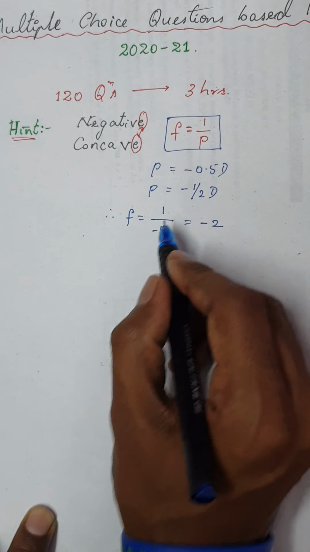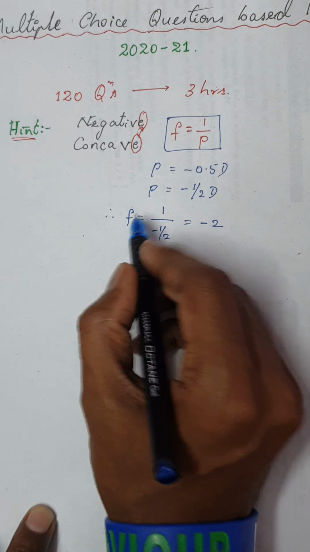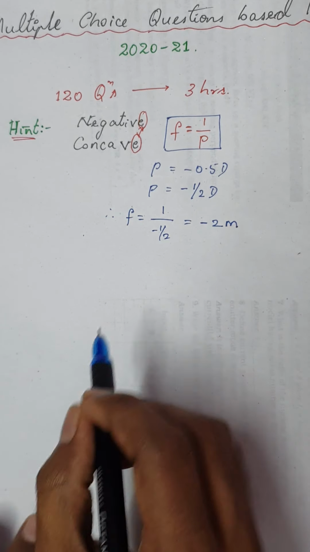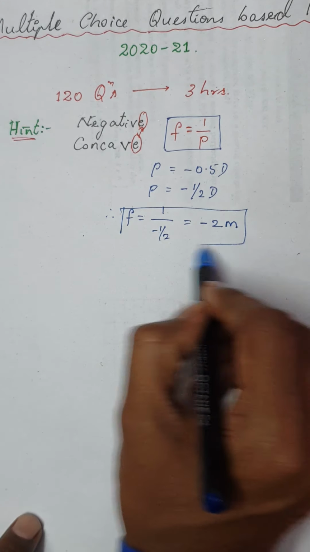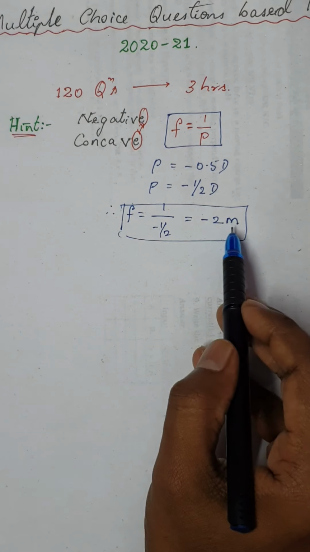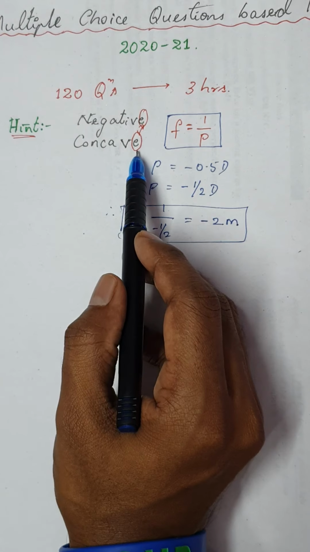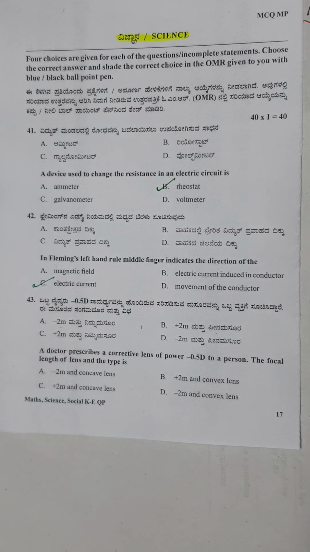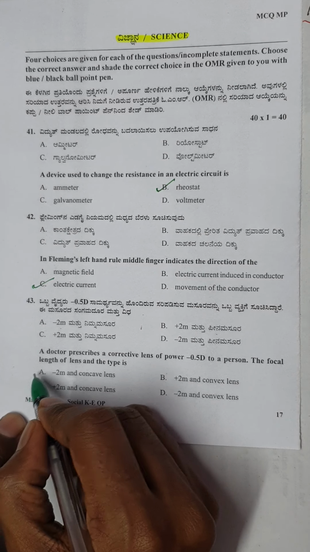Okay, so remember, for focal length the unit is meters. Is it clear? So the focal length of this lens would be minus 2 meters and the lens used is a concave lens. Now you go to the options. So minus 2 meter and concave lens is in option C. Are you following?